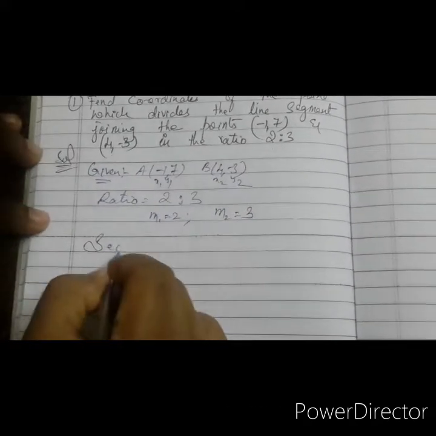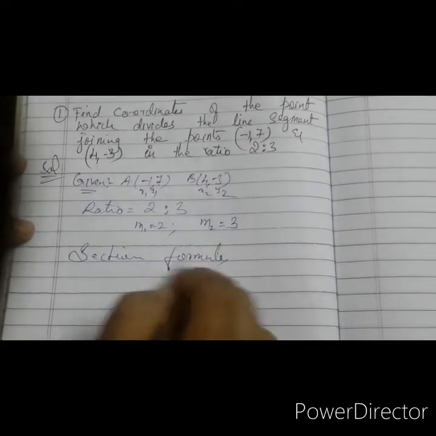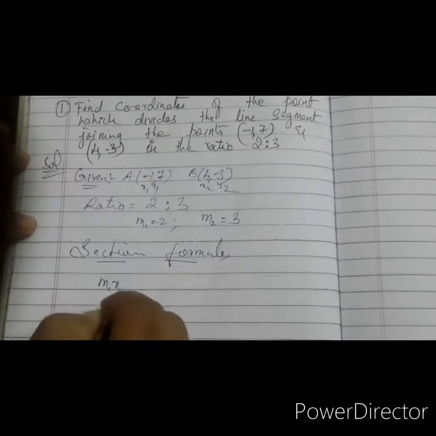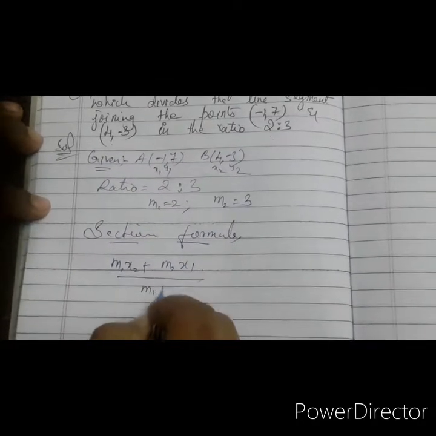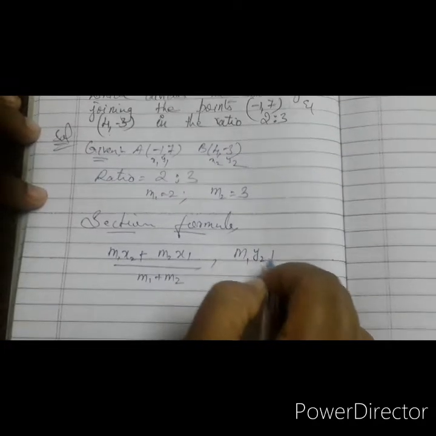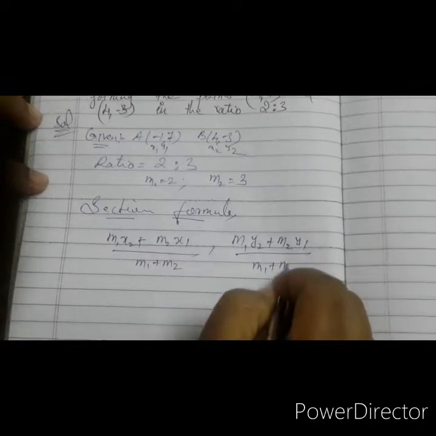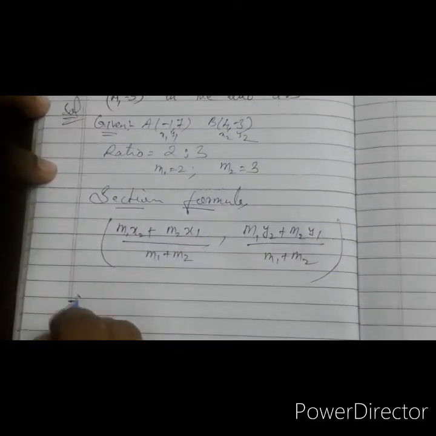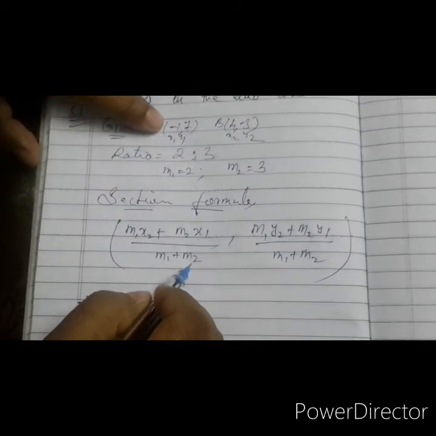Now using the section formula: (m1 x2 plus m2 x1) divided by (m1 plus m2), comma, (m1 y2 plus m2 y1) divided by (m1 plus m2). Now substitute x1, x2, m1, m2 from above.